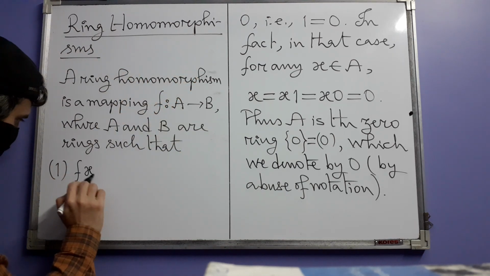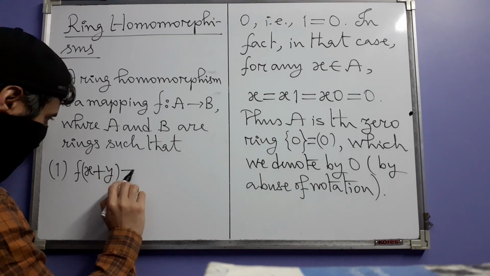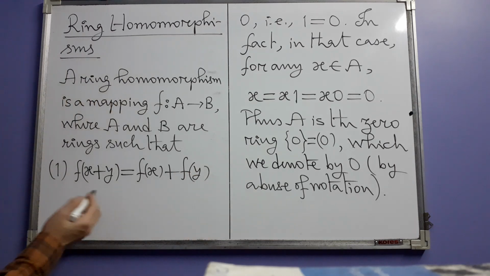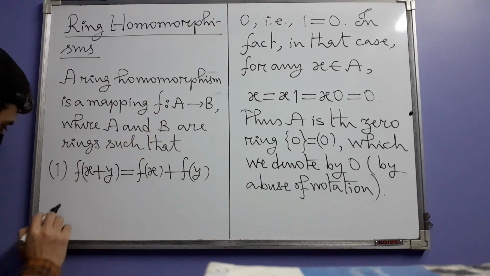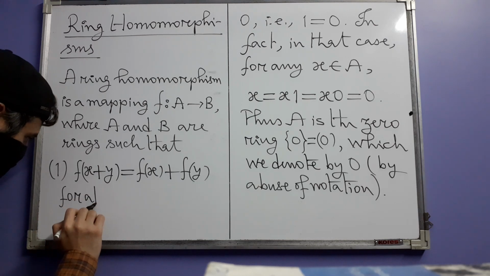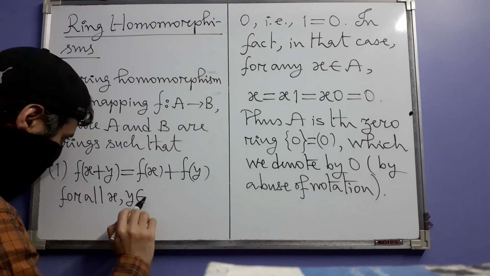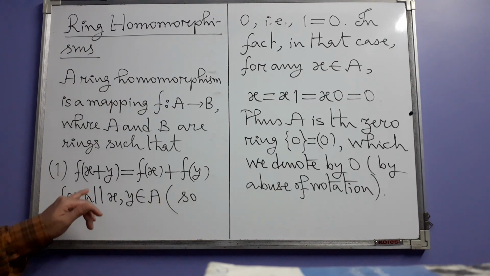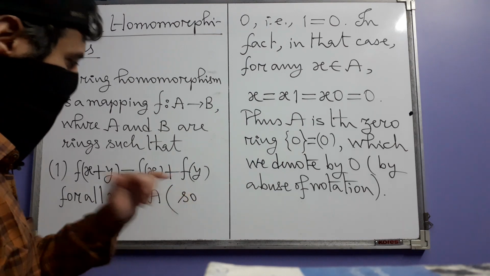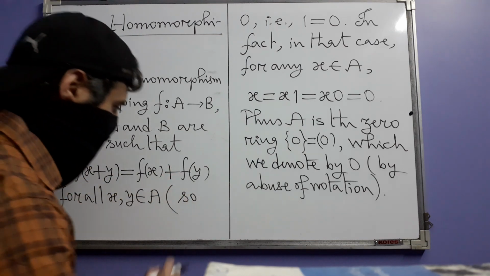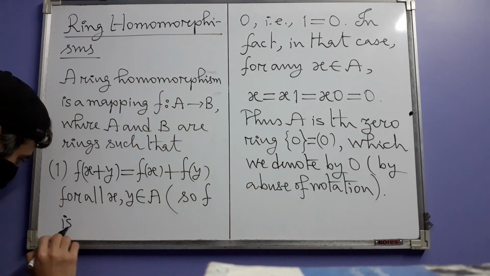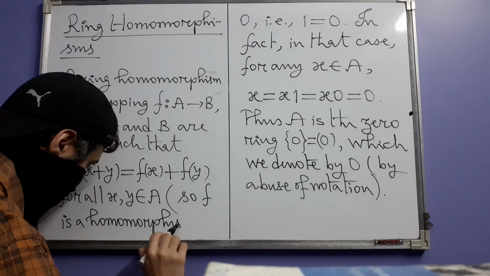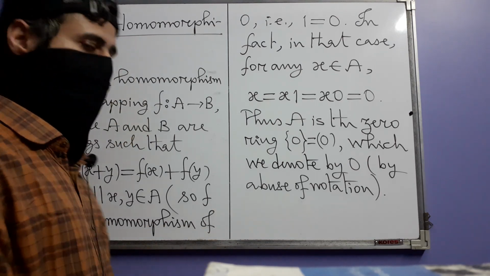The first one, of course, is this: f of x plus y is equal to f of x plus f of y, where obviously x and y are coming from A, but still let me write for all x and y belonging to A. So you can see that if we just simply think of this condition, then f is a homomorphism of abelian groups.